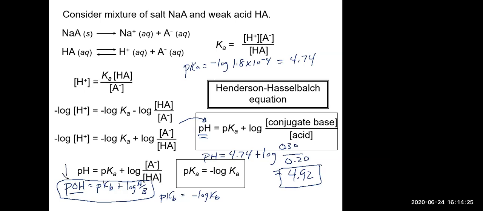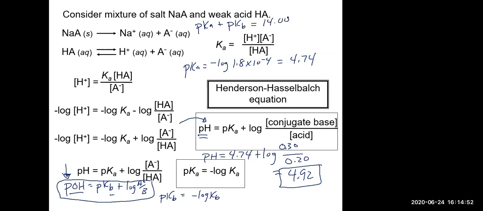Again, sometimes you will see this other equation, but remember, it is the pOH, which means you need a pKb, and the acid over base, so it's the opposite of base over acid. A good relationship to remember is that the pKa value plus the pKb value equals 14.